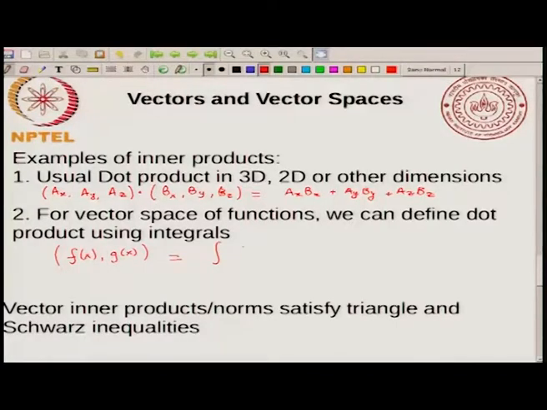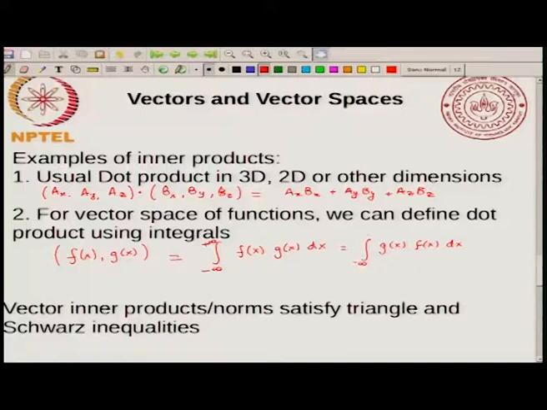So, one way to define it is to say that it is the integral of f of x, g of x, dx over whatever the range of allowed values of x is. So, x usually goes from minus infinity to plus infinity, then I can define it this way. Notice that this is equal to the integral of g of x, f of x, dx.